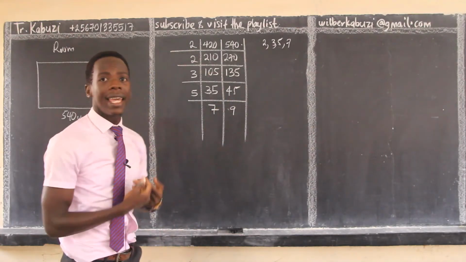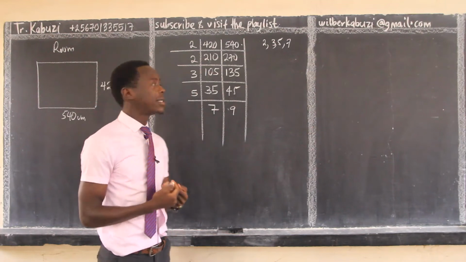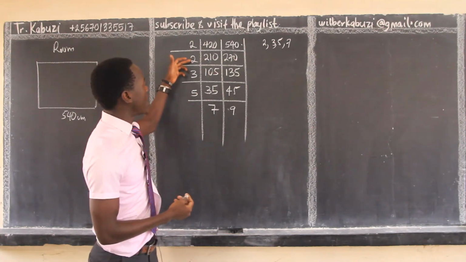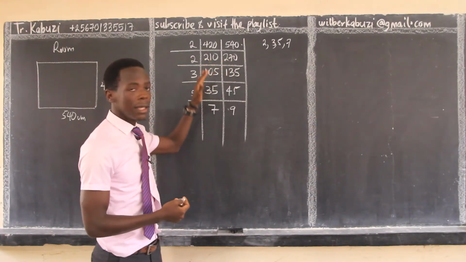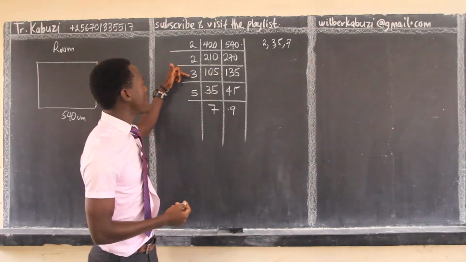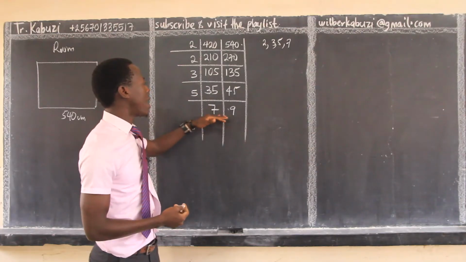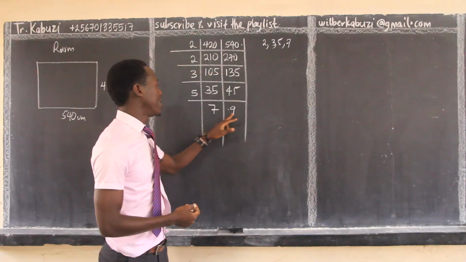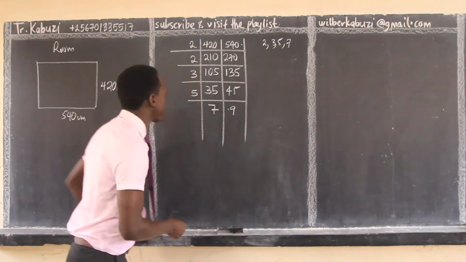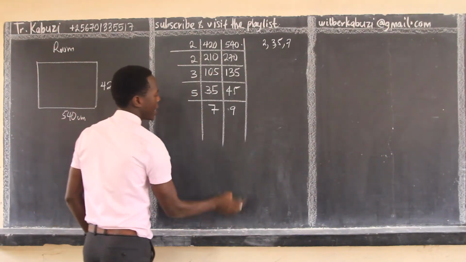Remember, when we are getting the highest common factor, the factor we use should be able to divide both. That's why I'm not going forward, because there is no number that can divide 7 and 9 except 1.